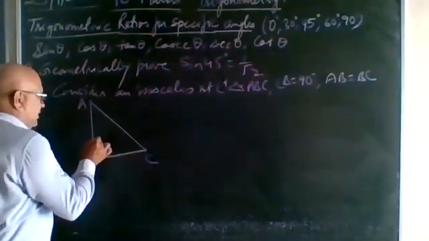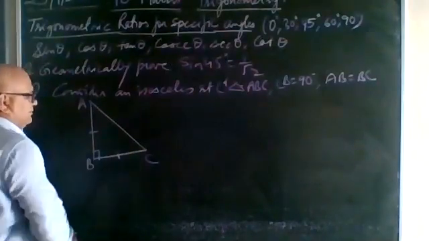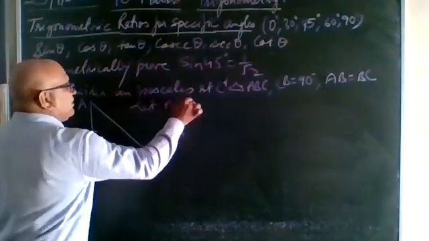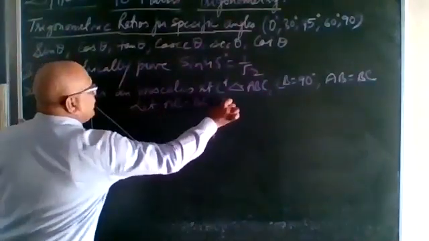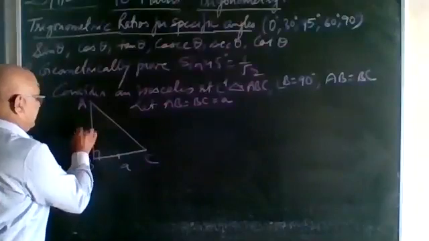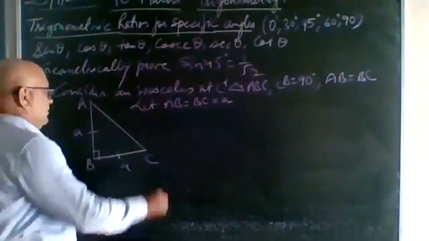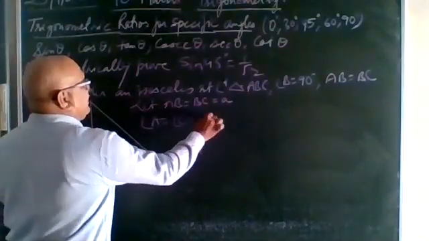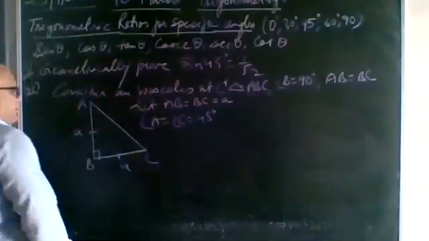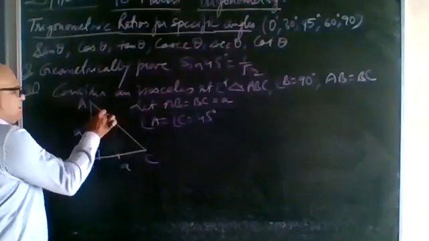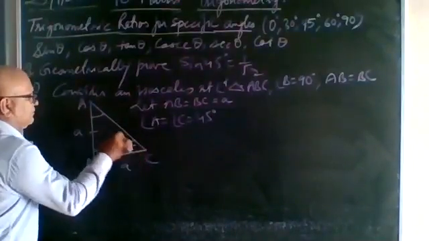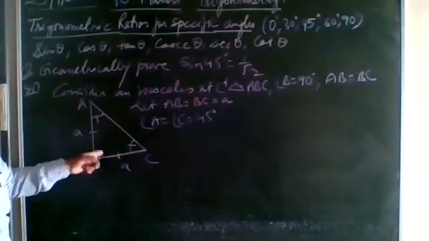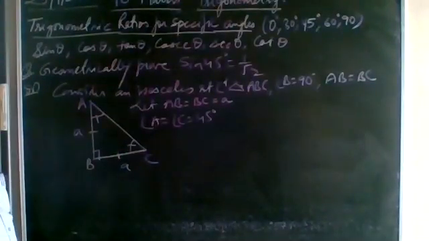So this and this are equal, AB equal to BC equal to A. Angle A equal to angle C equal to 45 degree. You know that these two angles are equal, so x plus 90 equal to 180 degree.